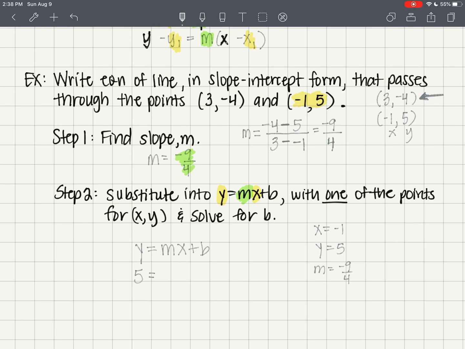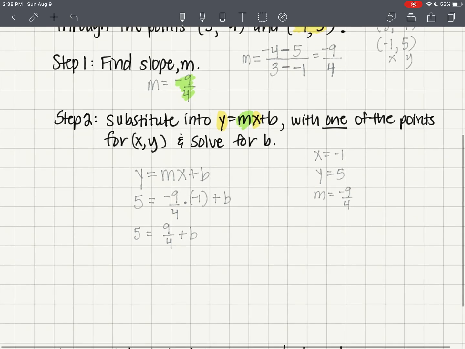Sometimes I start writing the number and I think, someone might not know where I'm getting that 5 from. 5 equals negative 9/4 times negative 1 plus b. 5 equals 9/4 plus b. From here you can clear the fraction if you want, or you can say, well, 5 is the same thing as 20/4. I'm going to subtract 9/4 from both sides.